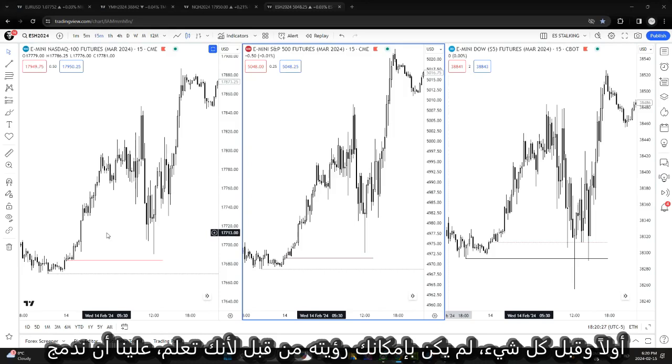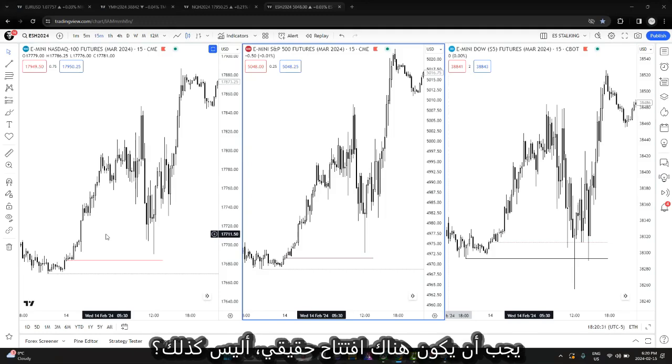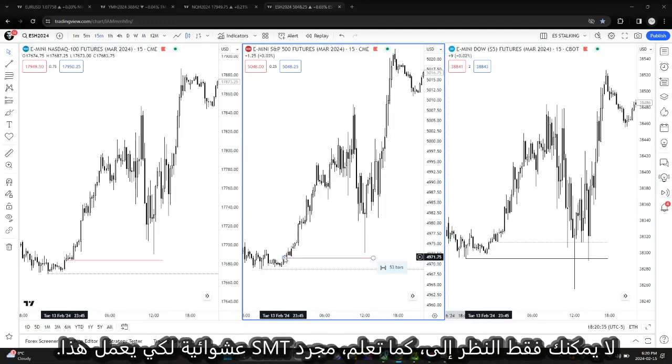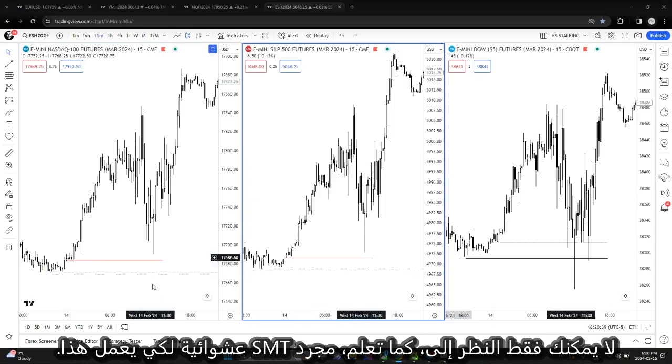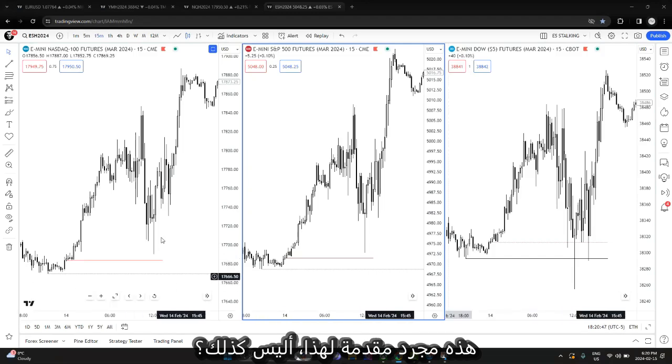First of all, you could never see it before because we have to incorporate quarterly theory for this to even work. There has to be a true open, right? You can't just be looking at random SMTs for this to work. And this is just an introduction to this, right?